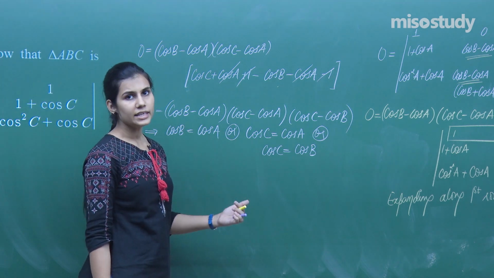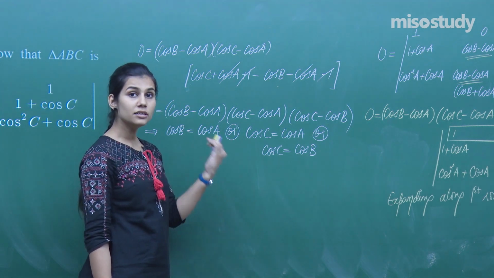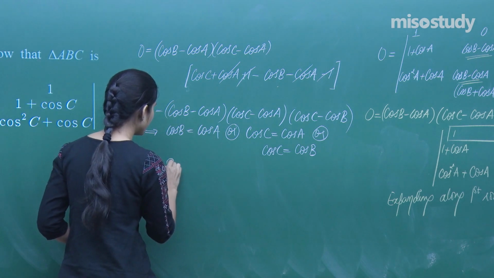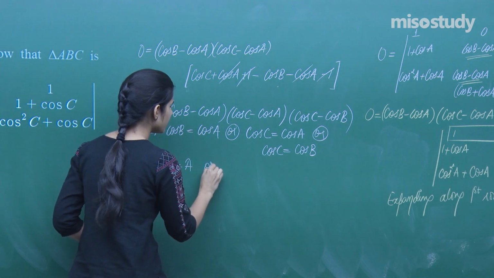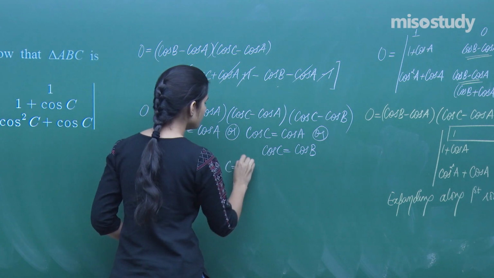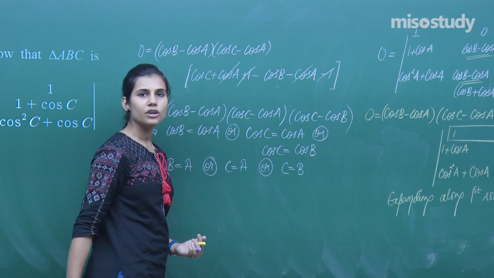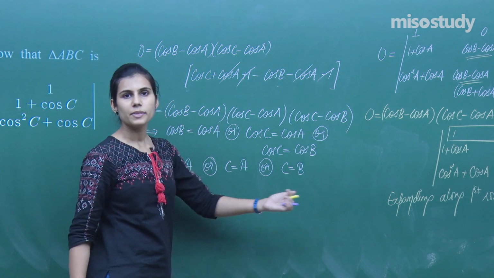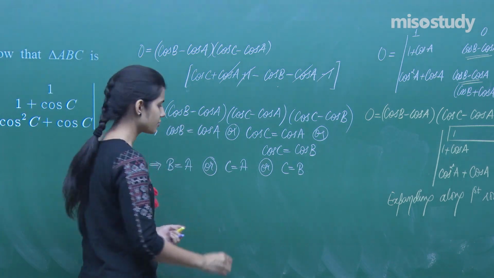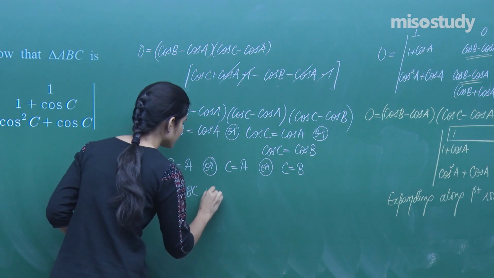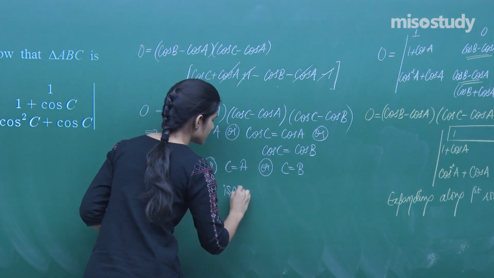And in the interval 0 to pi, the cosine function is a 1-1 function. So if cosine of B equals cosine of A, this implies B is equal to A, or C is equal to A, or C is equal to B. And in a triangle, if any two angles are equal, that means it is an isosceles triangle, which implies triangle ABC is isosceles.